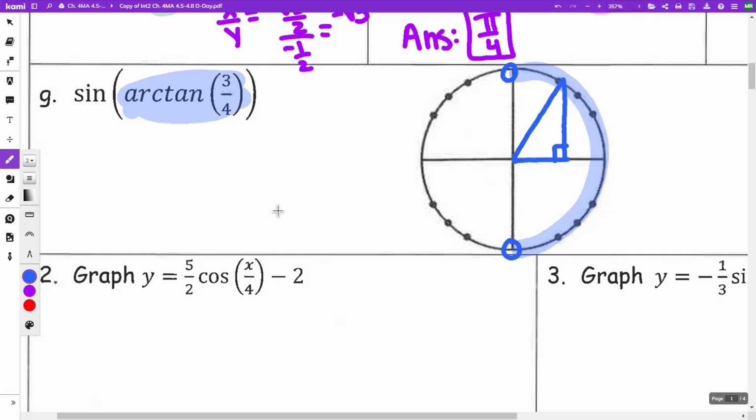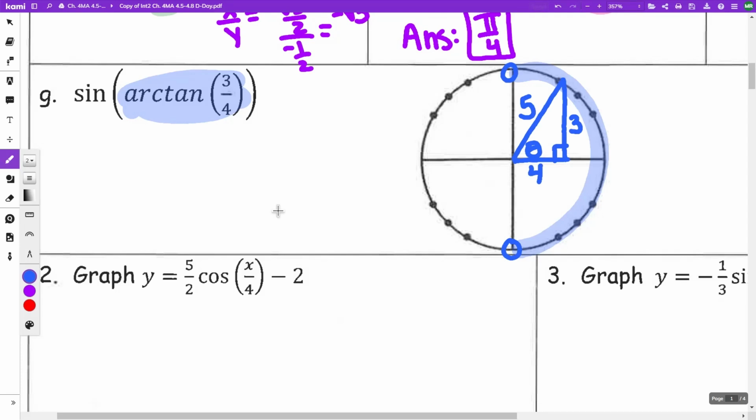Here's my right triangle. This is the angle I'm looking for, with my tangent being opposite 3, adjacent 4. Now, this is a right triangle, so using Pythagorean, 3 squared plus 4 squared is equal to 5 squared, which is 25. So this is a 3, 4, 5 right triangle. Now, for that angle, I want the sine.